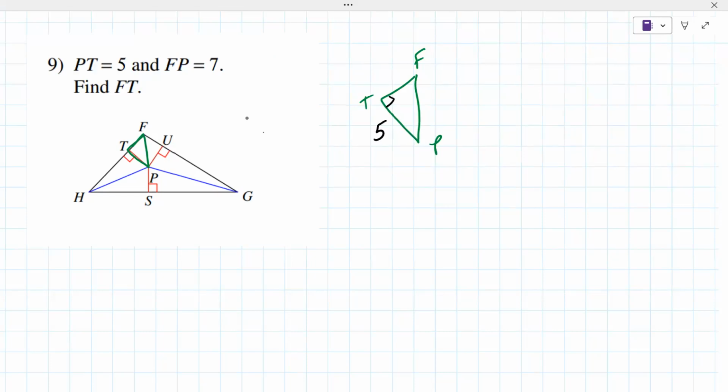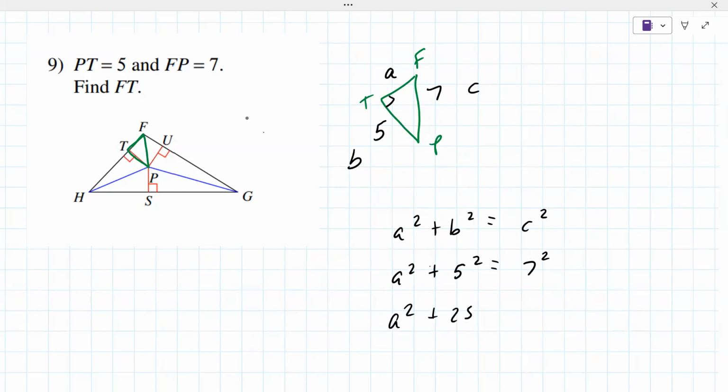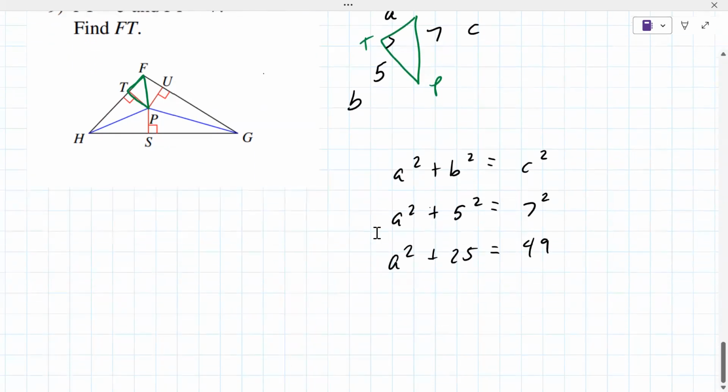PT is 5, FP is 7, and they want you to find that side there, F to T. So you can think of it as A, B, and C. A squared plus B squared equals C squared. B is 5 and C is 7. So this becomes A squared plus 25 equals 49. And then you subtract that 25 from both sides.